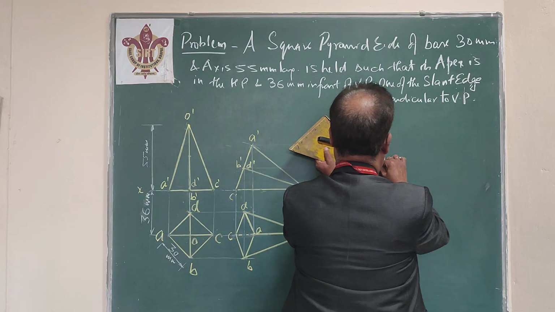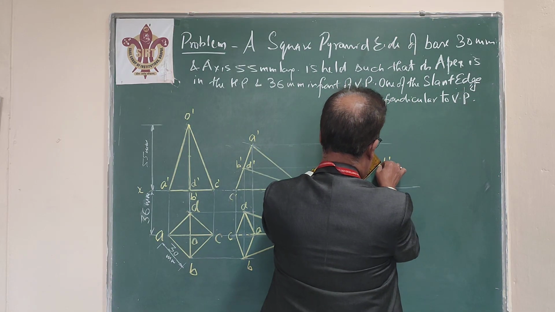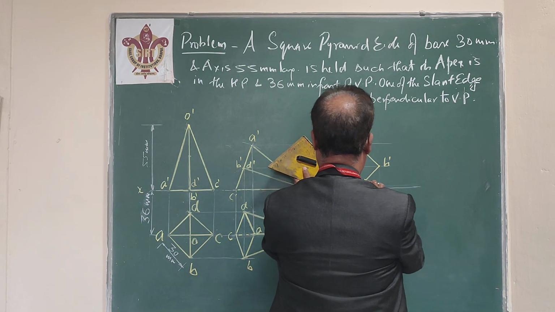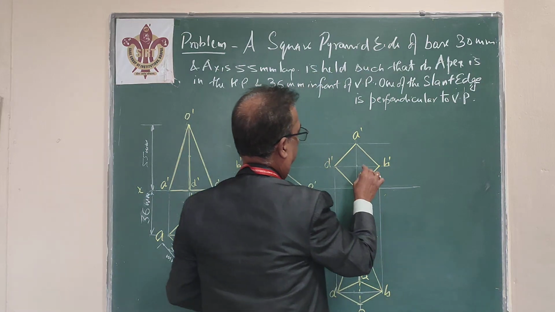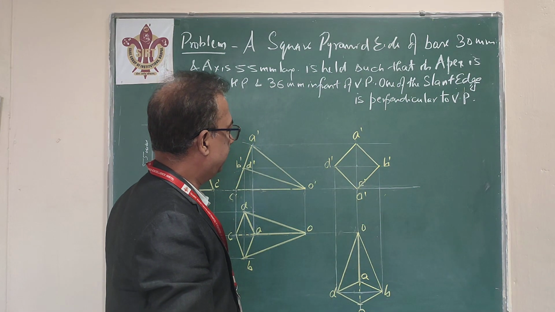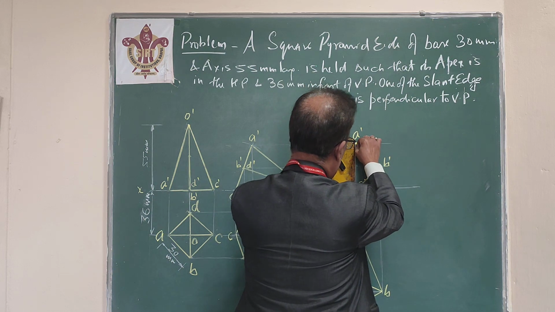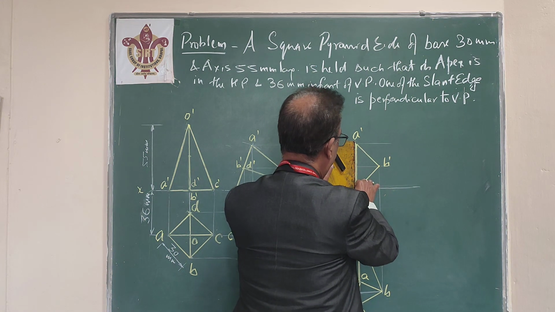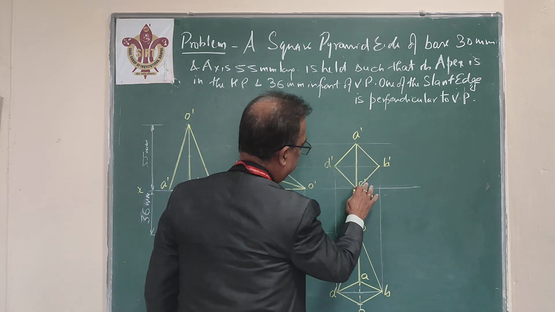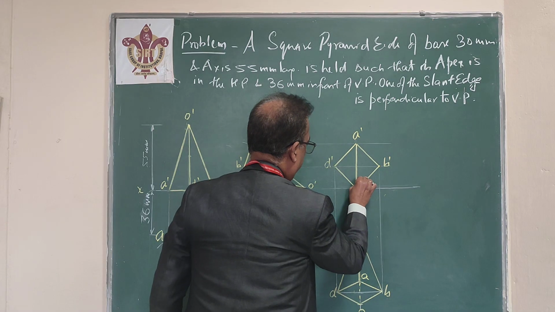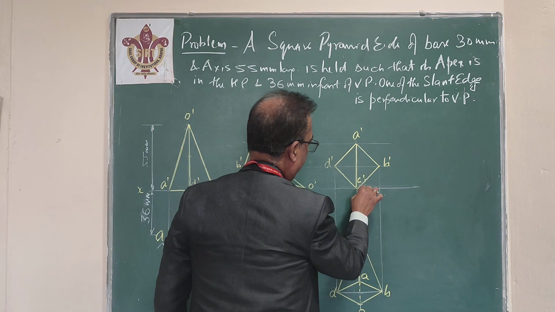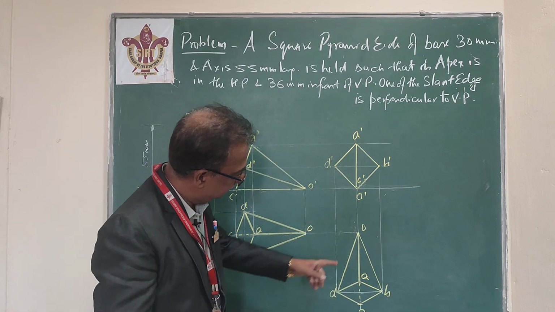In the case of a pyramid, I have drawn these 4 lines, that is from O dash, B dash, A dash and D dash. After that, this line OA will also be visible to me. Now look at this figure. This point will be C dash and O dash. Now this is OC.